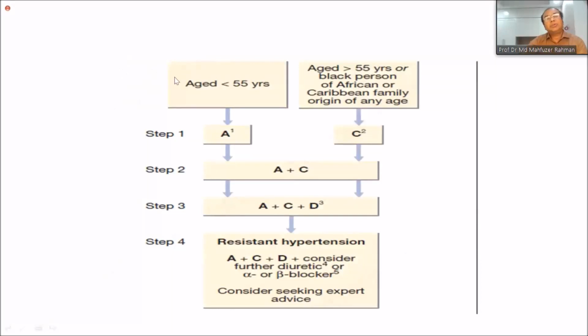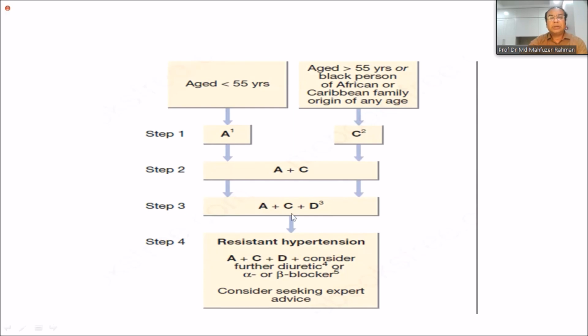And in a nutshell, you see a patient having age less than 55 years, in initial stage, in step 1, you can prescribe ACE inhibitor or angiotensin receptor blocker. But if the patient is more than 55 years, in step 1, calcium channel blocker, and if it is failed, then step 2, ACE inhibitor or ARB plus calcium channel blocker.